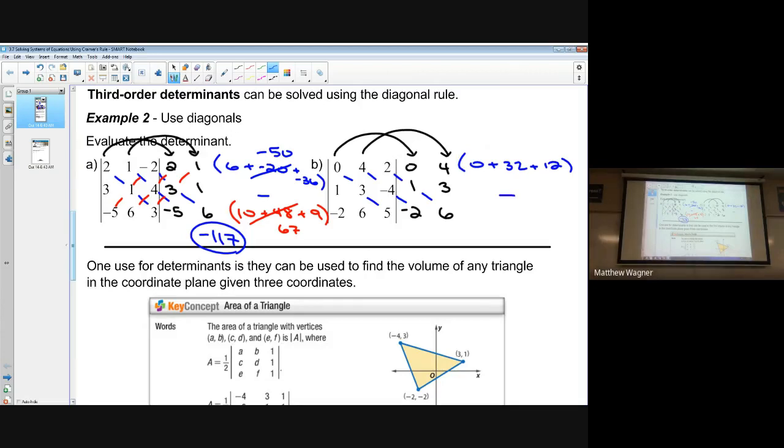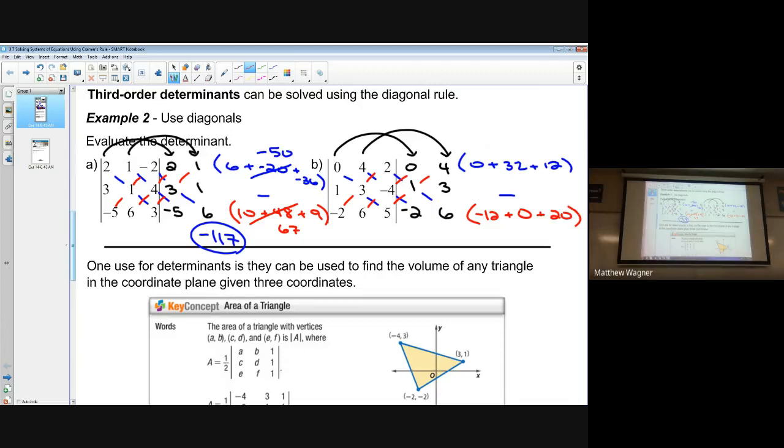We're going to subtract that from my diagonals going the other way, which are 2, 3, and 2. So we have negative 12. We have negative 6, 6, negative 4, and 0, which is going to be 0. And then we have 5, 1, and 4, which is 20.